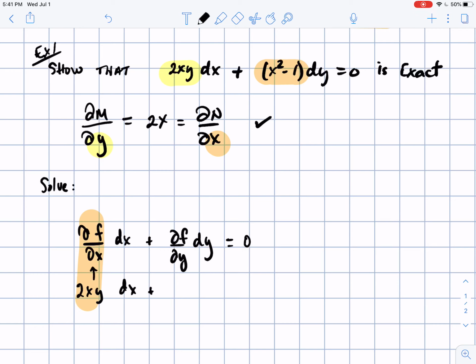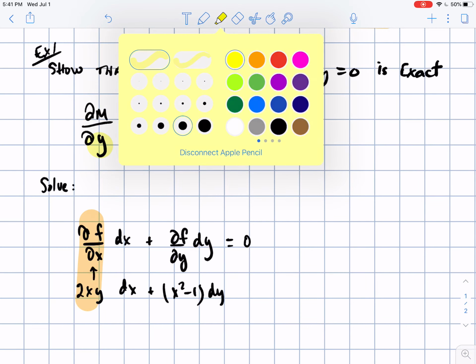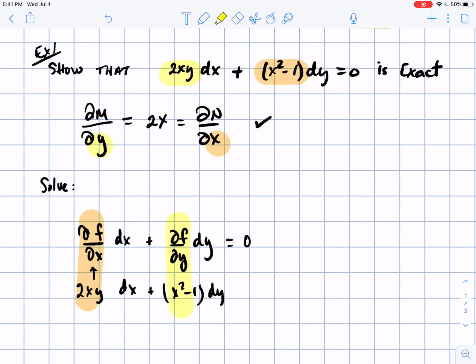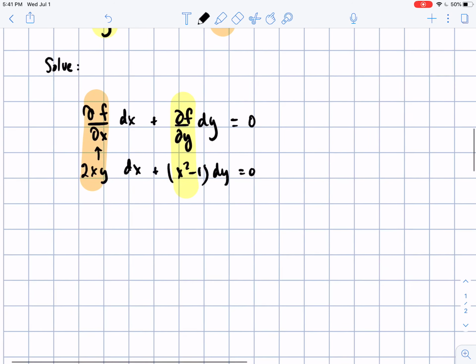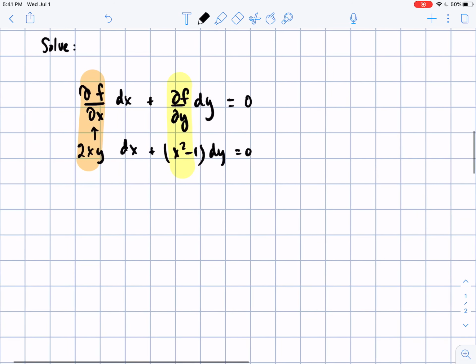Plus the x squared minus 1 dy, and that's your partial of f with respect to y. So I want to work backwards, okay? You could start with either one. It doesn't matter if you start with the dx term or the dy term, it doesn't matter which one you start with.